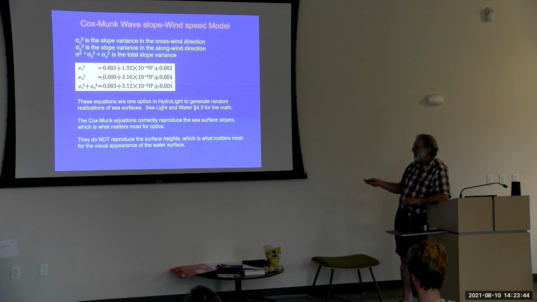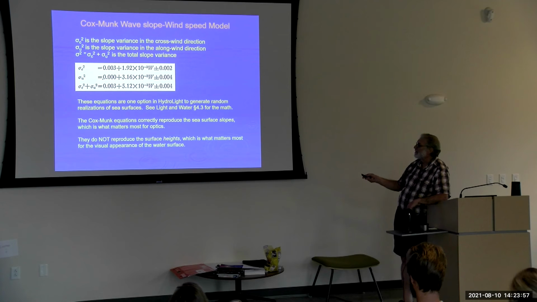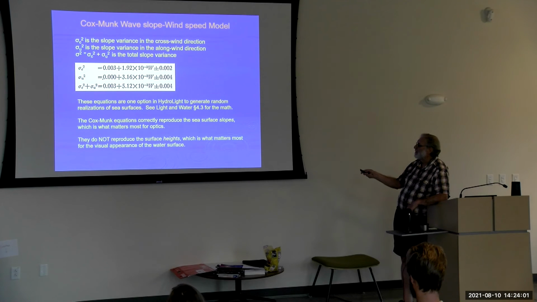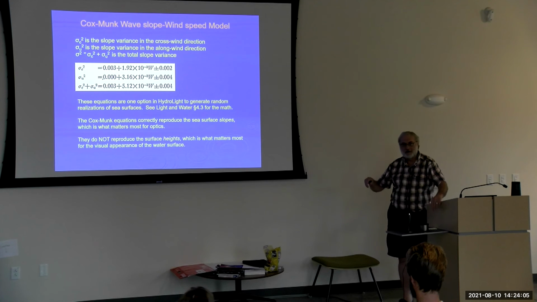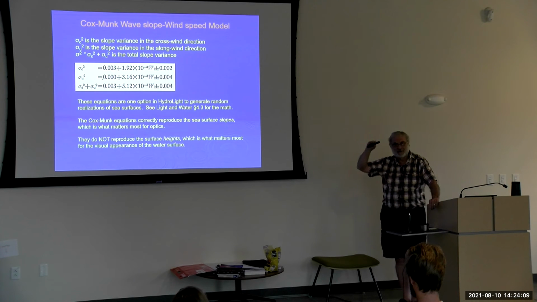Well, it turns out that the along wind variance is basically 3.16 times 10 to the minus 3 times the wind speed. The slope of the crosswind waves is 1.92 times 10 to the minus 3 times the wind speed. And the wind speed is always what they call mast height, which is 10 meters or something like that.